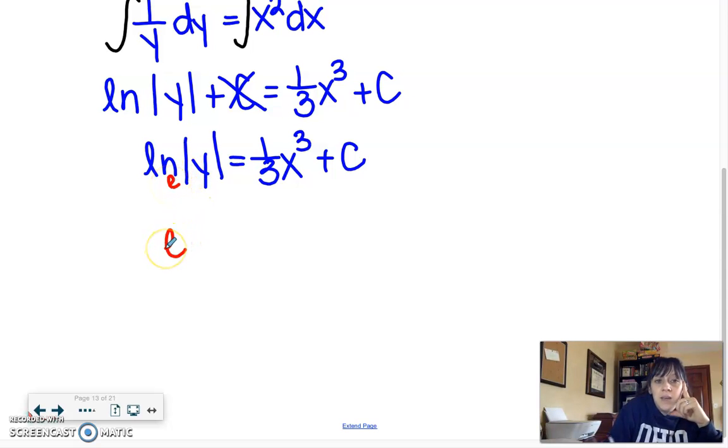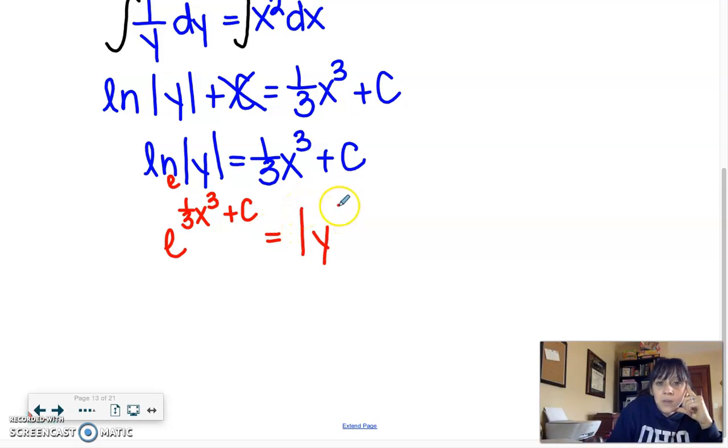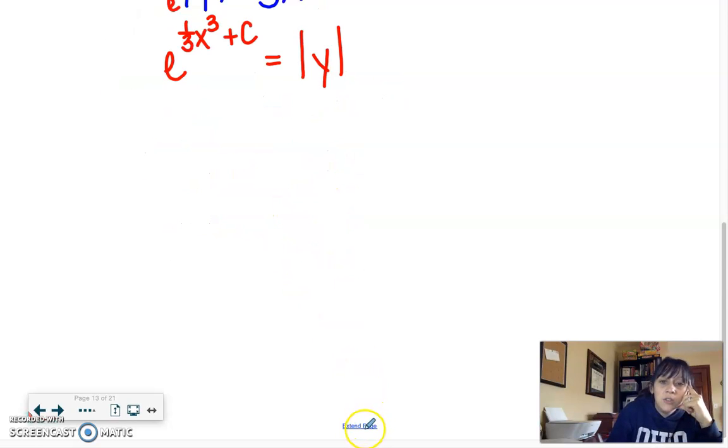So you would take the base, make it the base, take the other side and make it the exponent, which, oh my. So all of this would be the exponent, okay, equals the inside, and the inside is absolute value of y. So that's just ln rules that we worked on earlier this year and last year.